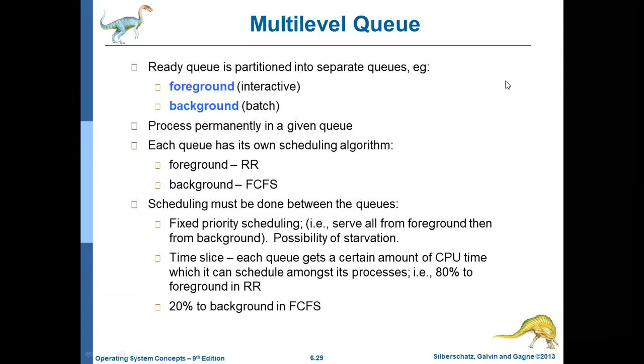Foreground queues will always provide interactive processes, that is round robin. For background processes, for example, you apply FCFS. This scheduling must also be done between the queues. Some fixed priority is assigned, or some may be time slice.